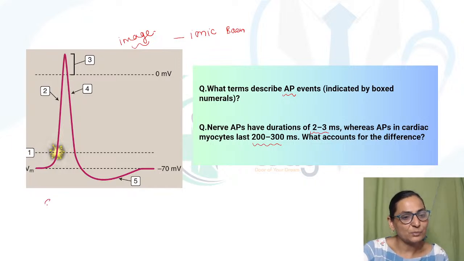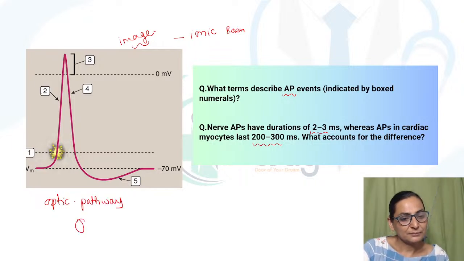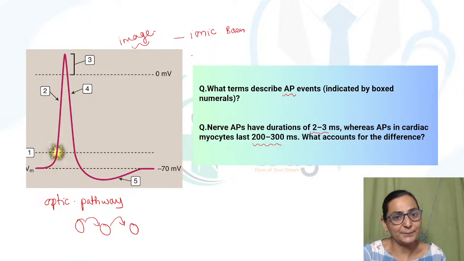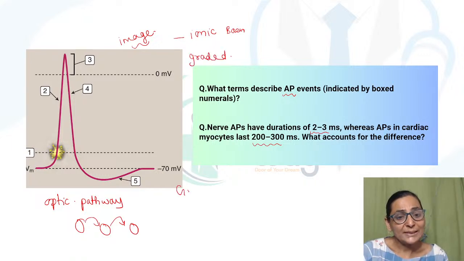For example, the optic pathway has cells, and the potentials travel from one cell to another only through graded potentials. But only the ganglion cells and the axons of the ganglion cells, which form the optic pathway, show true action potential.